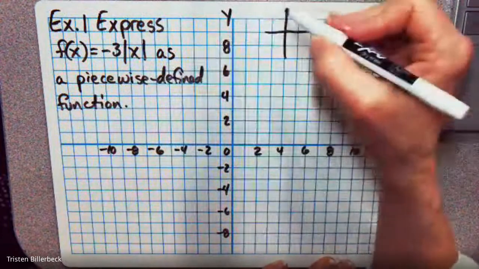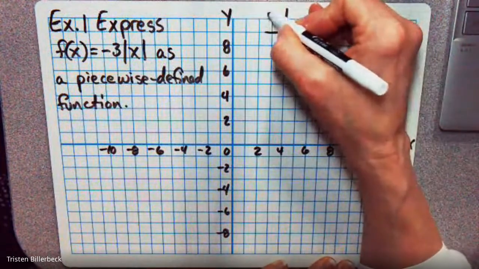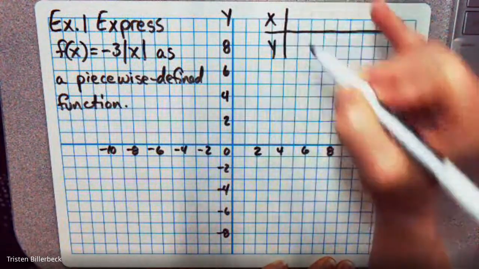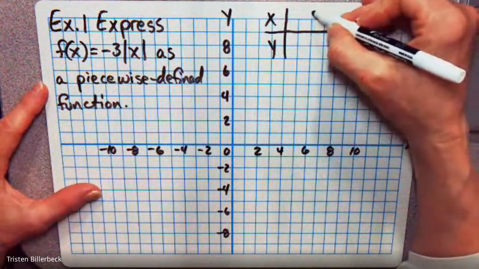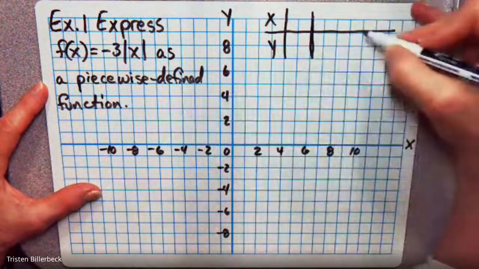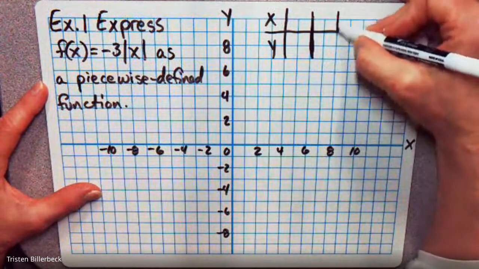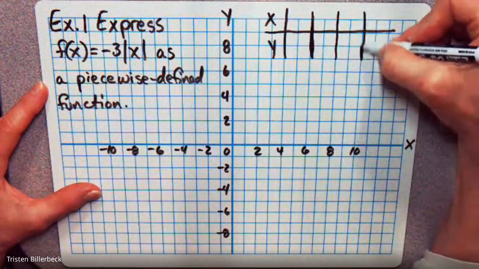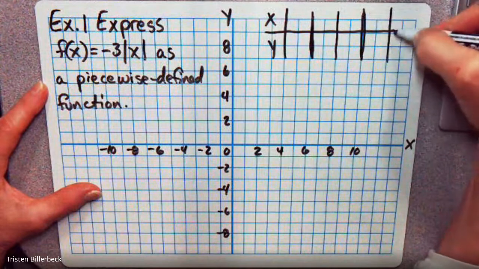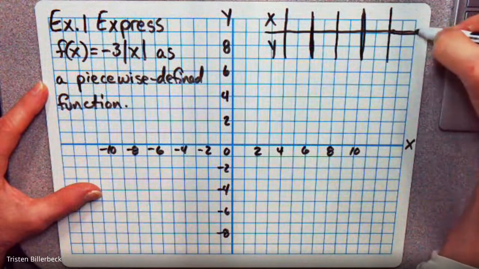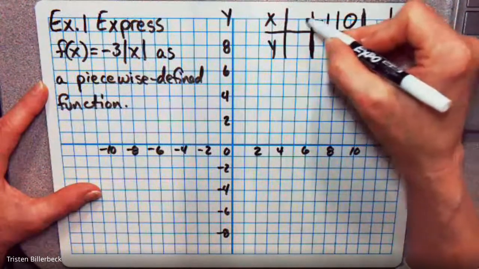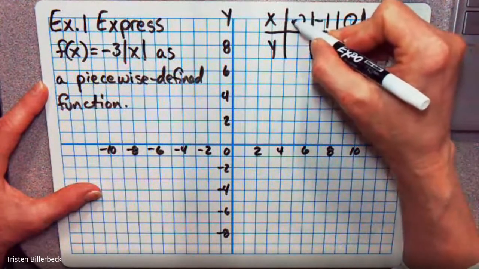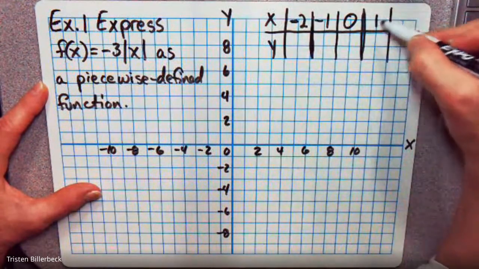So if I have x here and y here, let's put in a few values. It'll probably be around the 0 value, so we want balanced values around that 0. So if we put in 0 here, -1, -2, that should give us a good idea about our output.